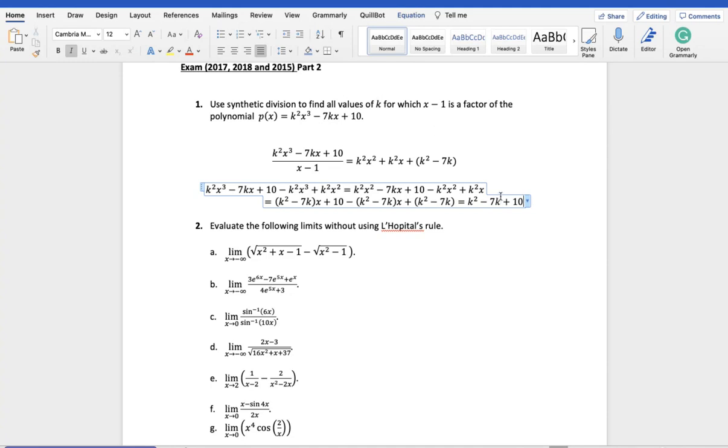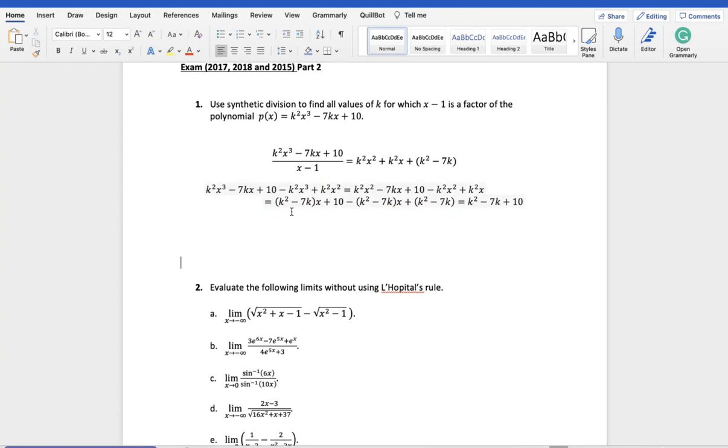For x minus 1 to be a factor, the remainder has to be equal to 0 after you've done the synthetic division. So you need to equate the remainder to 0. When you solve for k, what do you get?